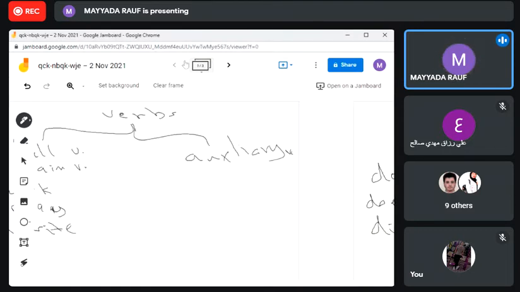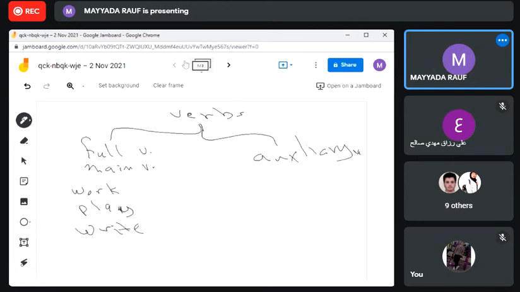So let's go back to the first division, which is the main and the auxiliary verb. So if we say, for example, she works, the verb work is a verb in present tense and it took the S of third person singular because the subject was she, which is the third person.